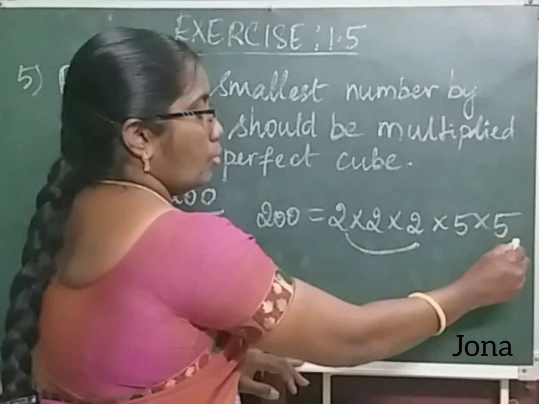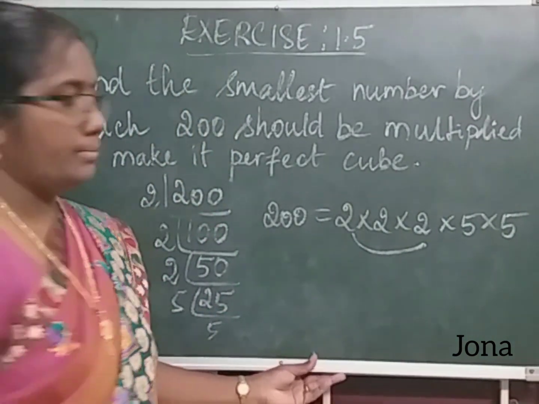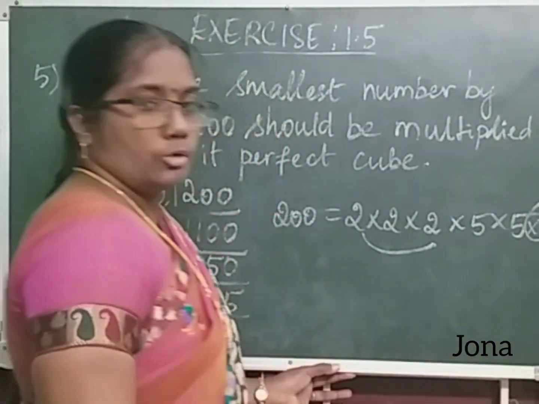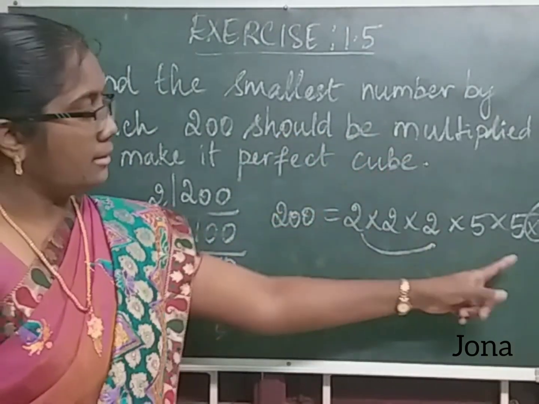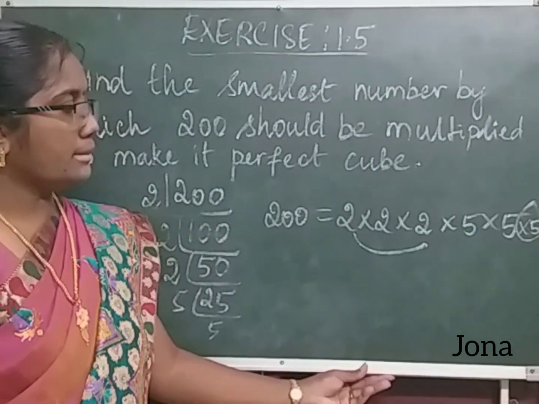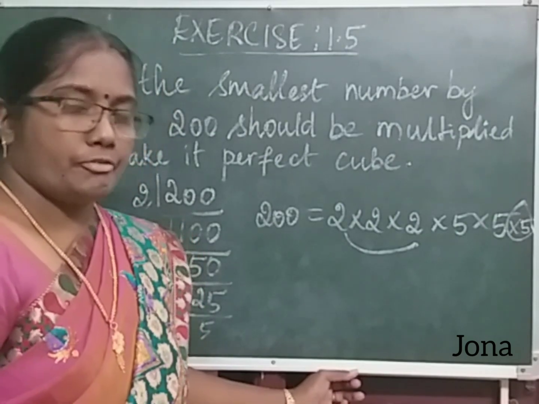So we need one more 5 to get the perfect cube. So by which number we have to multiply here? By this 5 only we have to multiply. So here the smallest number which should be multiplied is 5.